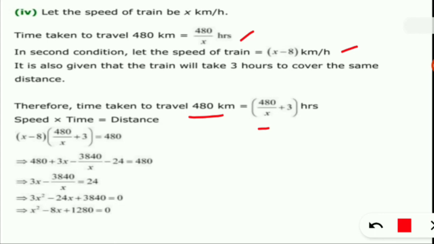So (x minus 8) into (480 divided by x plus 3) equals 480, because we know the formula speed into time equals distance, and the total distance is 480. So this is the speed, x minus 8, and the time is 480 divided by x plus 3. This is time equals distance, and here we write 3 hours more.